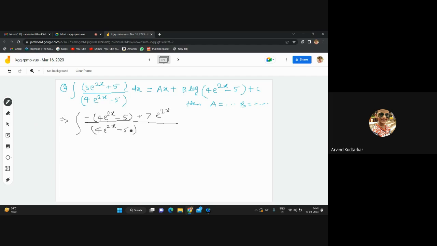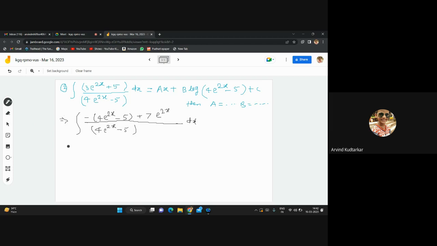Into dx is there. Are you getting the partial fraction in this simple way? Why did we decide to get the same factor as in the numerator, that is 4 e^(2x) - 5? So we have to adjust the factor in this form: minus of (4 e^(2x) - 5), that is minus minus plus, and minus 4 e^(2x) plus 7 e^(2x), which gives 3 e^(2x). And divide by 4 e^(2x) - 5.